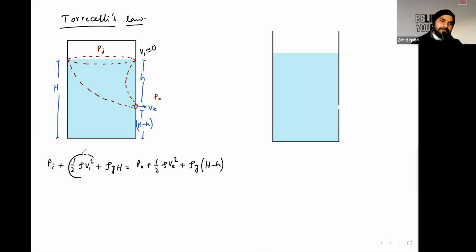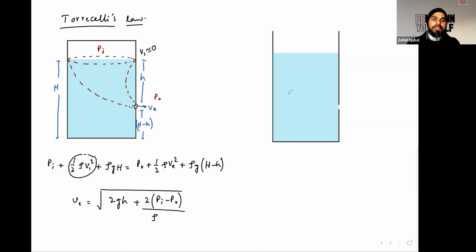This is 0. So on solving, you will get velocity of efflux, or velocity with which liquid is ejecting out from this particular hole, equals root under 2gh plus 2 times pressure difference Pi minus P naught divided by rho. So this will be the expression for this closed tank.